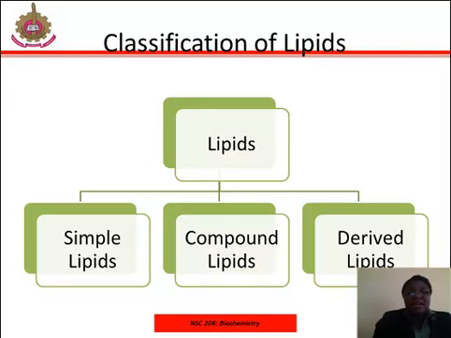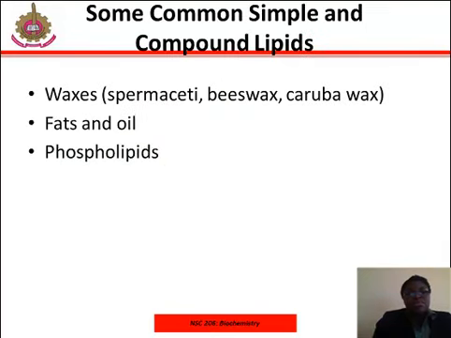They are classified according to the nature of the additional group as phospholipids, glycolipids, lipoproteins, sulfolipids, and aminolipids. Then the derived lipids, they are derivatives obtained by hydrolysis of simple lipids and compound lipids, which still possess the general characteristics of lipids.